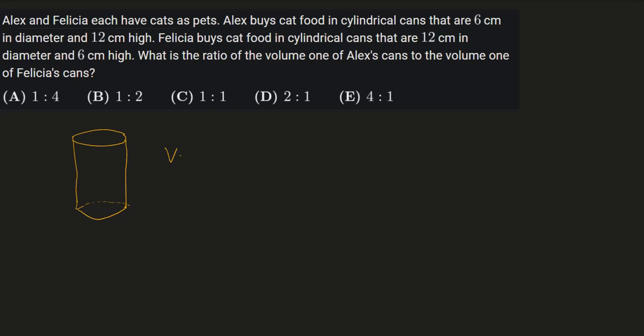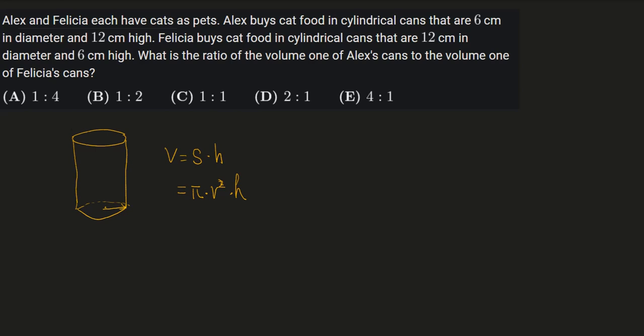It's basically the area of its base times the height. And we know that the shape of its base is a circle, right, with a radius. Therefore, we know that the area of this circle is pi times r squared, so the volume is pi times r squared times h. That is our formula to calculate the volume of a cylinder.